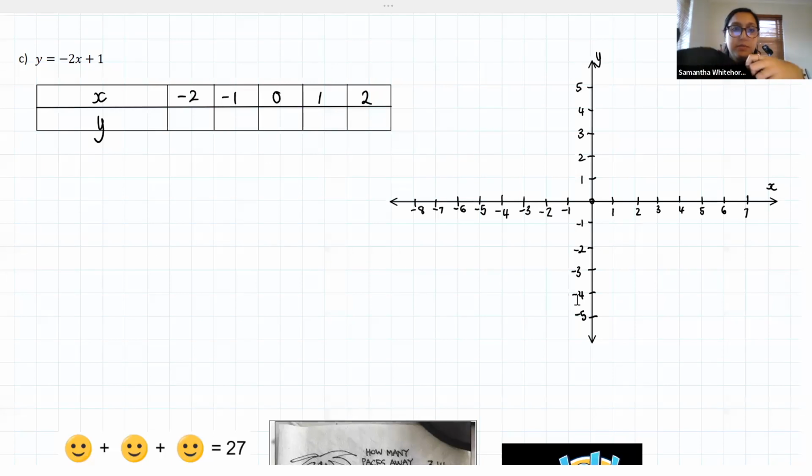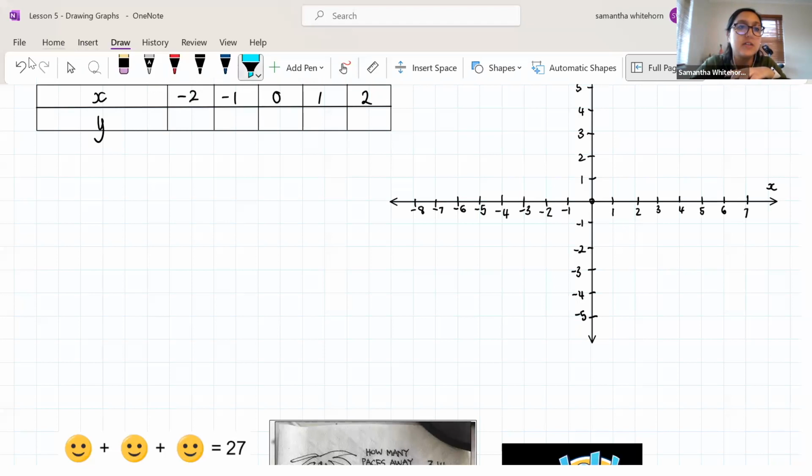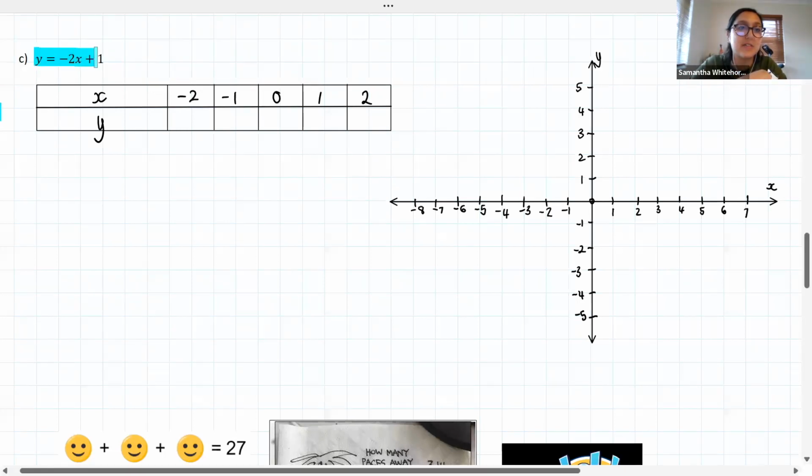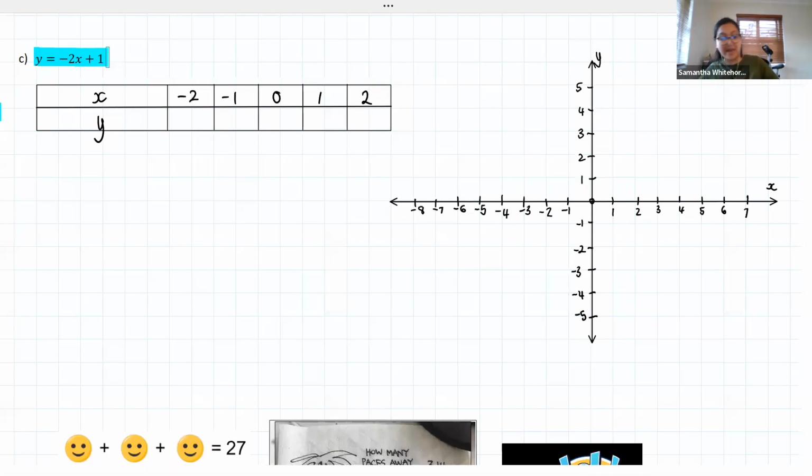So remember your substitution. Guys, what you do now need to be careful of is the fact that your rule is -2x. So the coefficient in front of your x is negative now. So just bear that in mind when you do the substitution, because it obviously does affect how you do your operations.